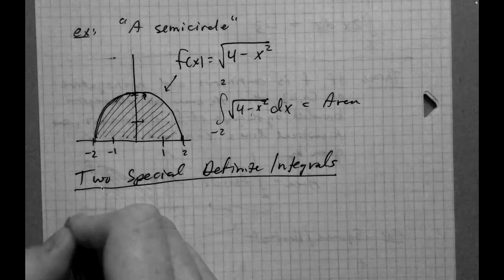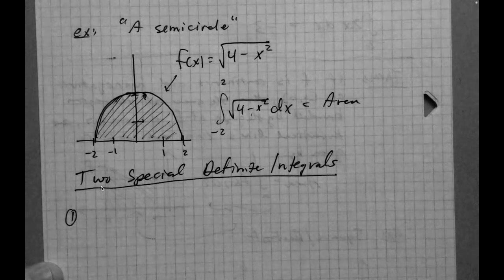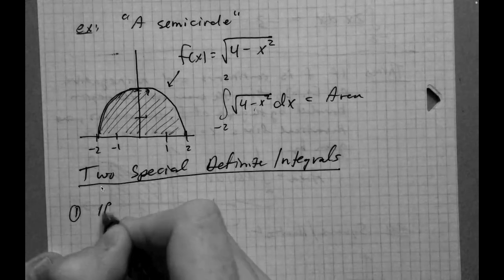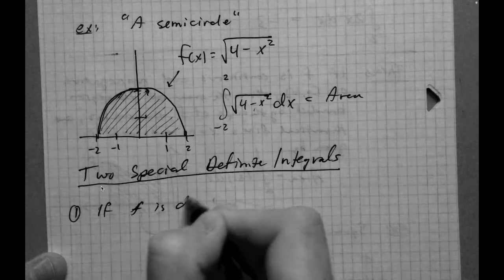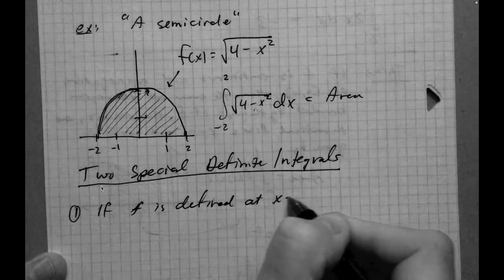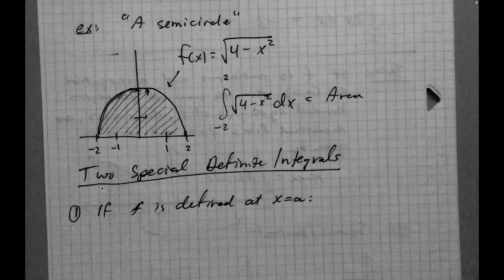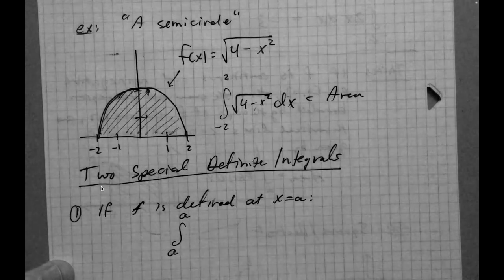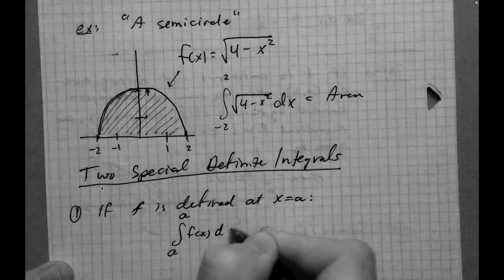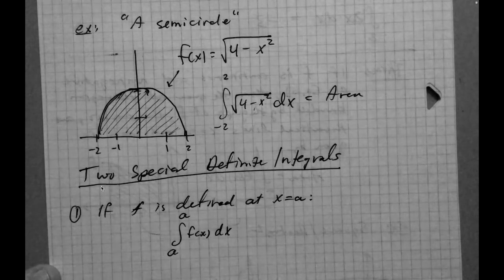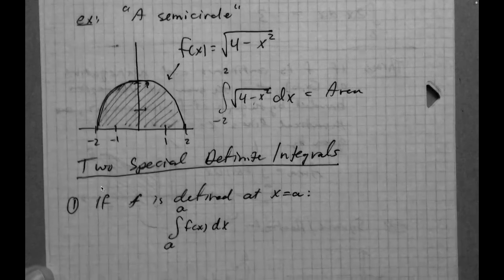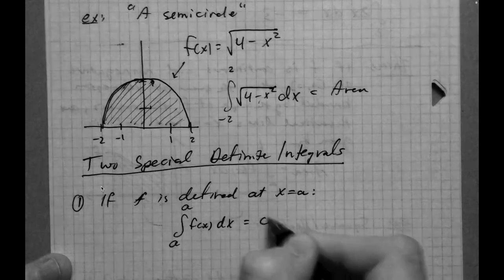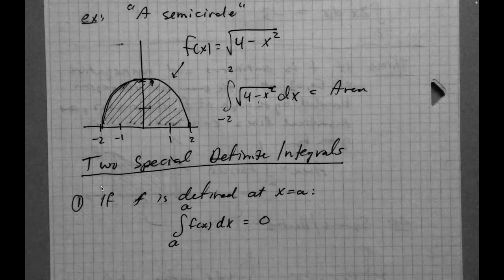The first one: if f is defined at a specific value of x, so if f is defined at x equals a, then the integral from a to a of f of x dx, having gone nowhere, the integral over a single point, is equal to 0, regardless of what f happens to be.